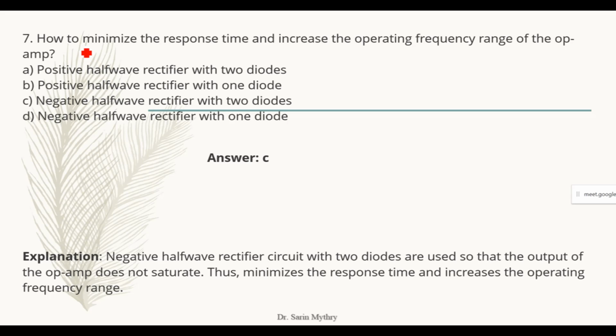The settling time of an op amp is defined as the time the output takes to respond to a change in the input. Response time means the time taken by an op amp to produce the output whenever the input changes.